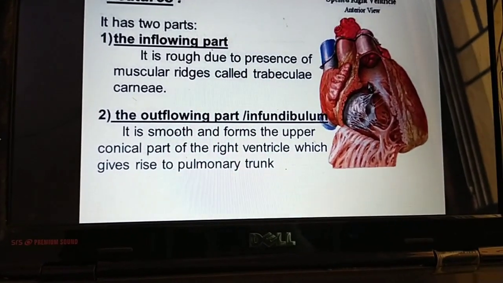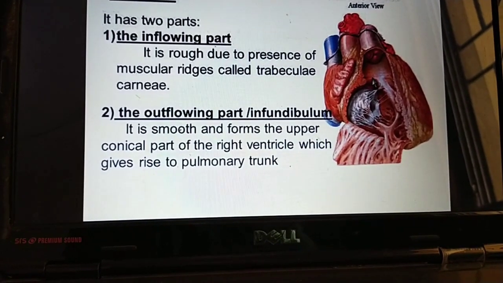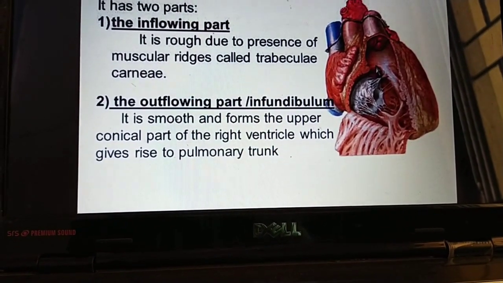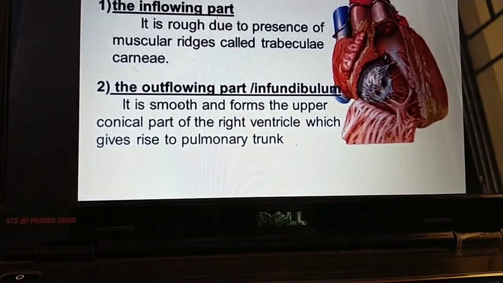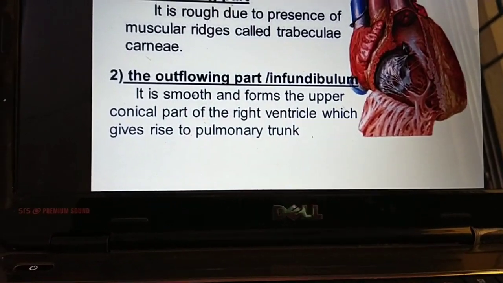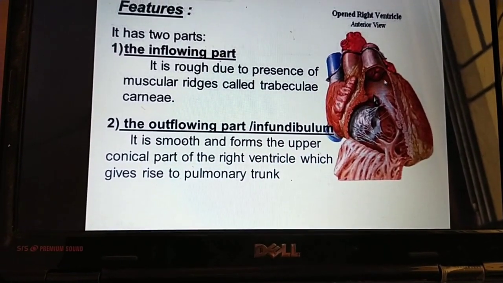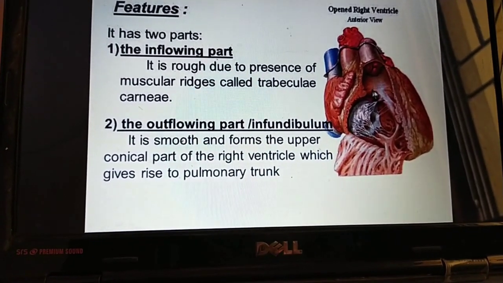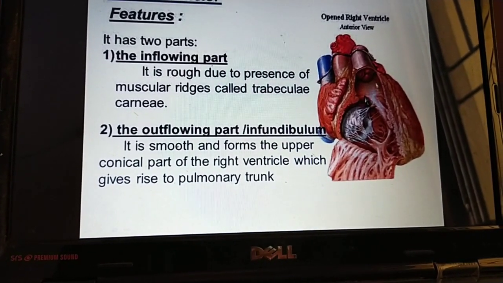The inflowing part is rough due to the presence of muscular ridges called trabeculae carneae. And the outflowing part or infundibulum is smooth and forms the upper conical part of the right ventricle, which gives rise to the pulmonary trunk. You can see this is the infundibulum part of the pulmonary trunk, the outflowing part of the ventricle.